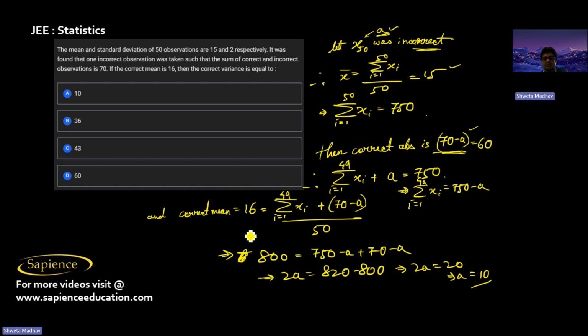Therefore, now the correct variance is what we have to find out. And it is also told the standard deviation was 2 with the incorrect observation.